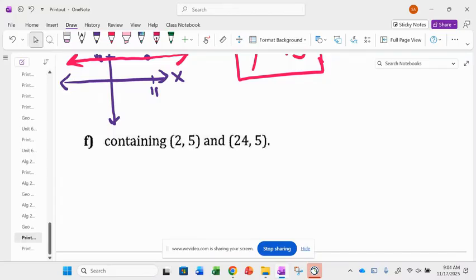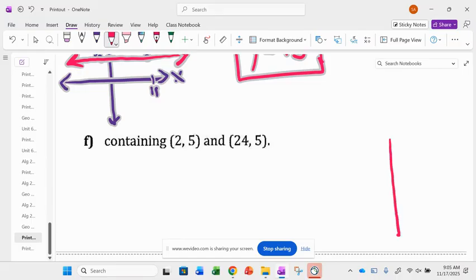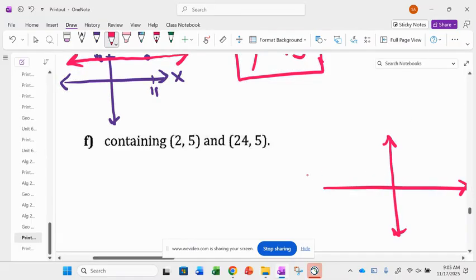This is saying my y is staying the same. So that means I'm just moving left or right. If I'm just moving left or right, not up and down, what am I doing? Just going horizontal. So we can sketch this. Even if you didn't figure that out in your head, you do a quick sketch and you'll see it. So we have the point (2, 5).